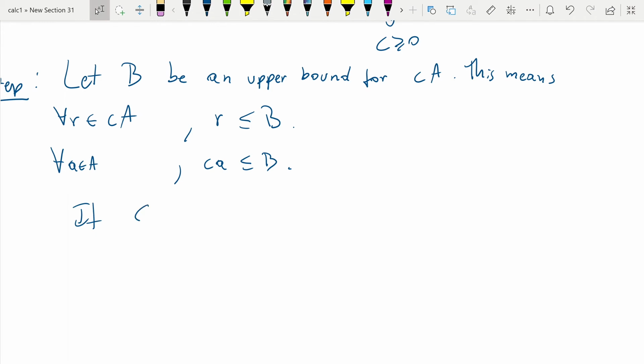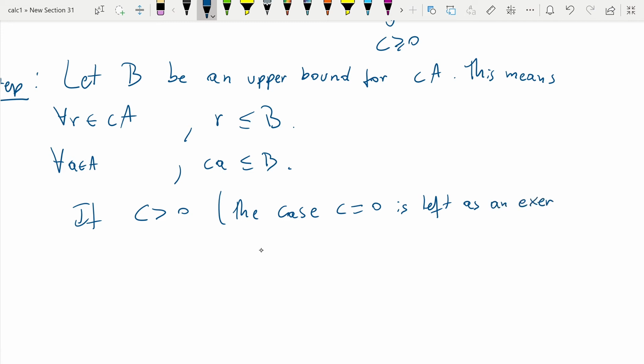The case C equals 0 is left as an exercise. But we just said how to do it.